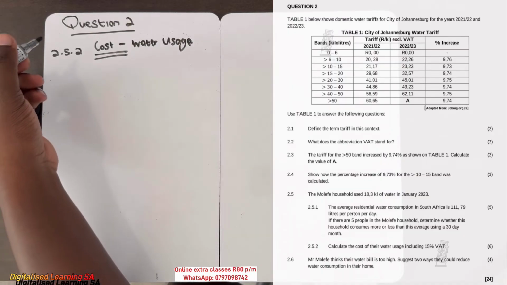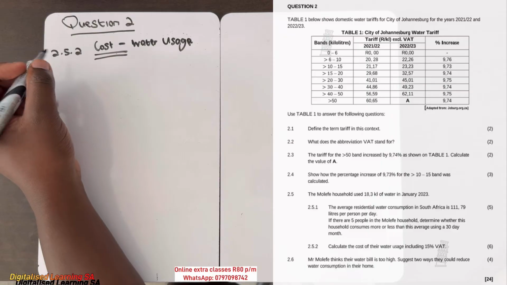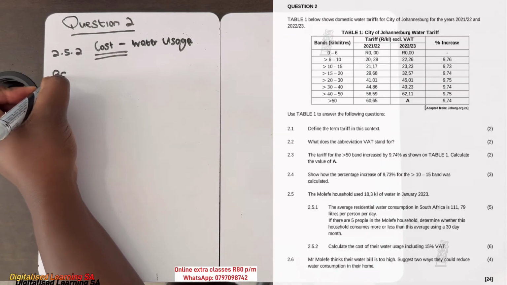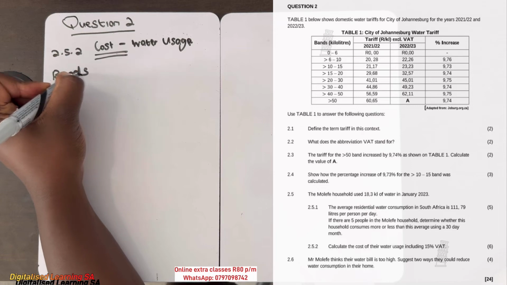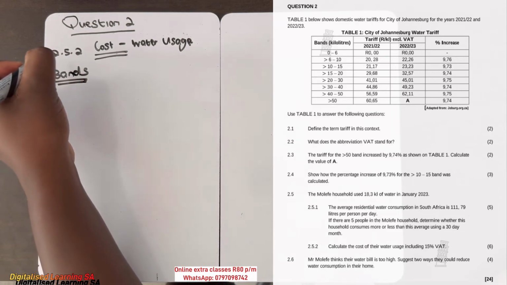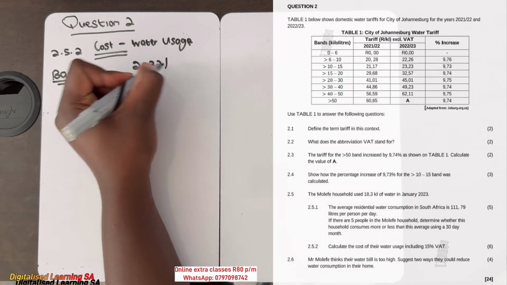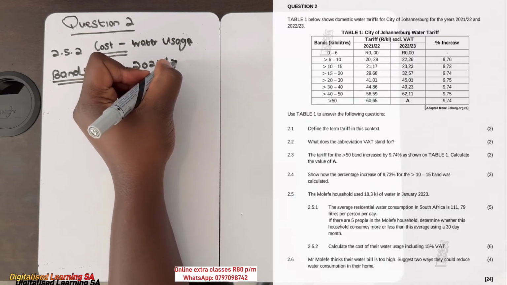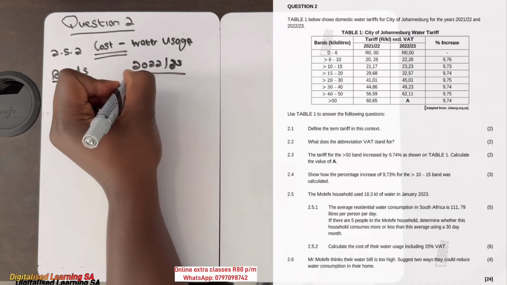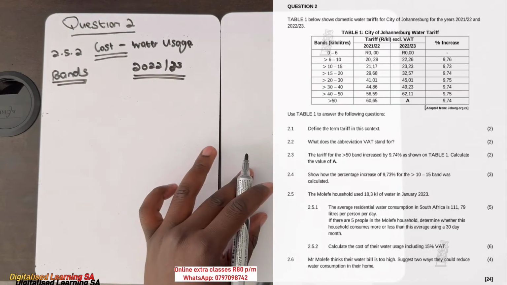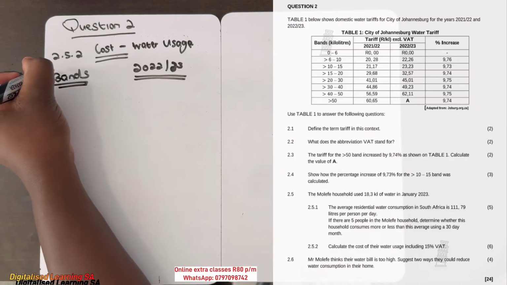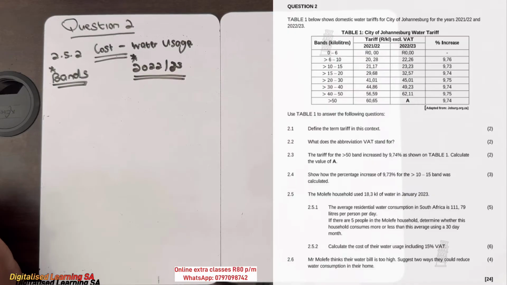So to do this, we need to focus on the first column, which is bends or kiloliters, and the third column, which is 2022/2023, our current year. We need to focus on these 2 columns in order to calculate this cost successfully.